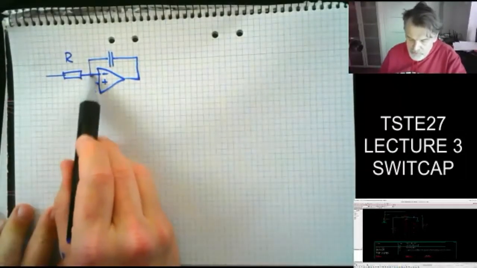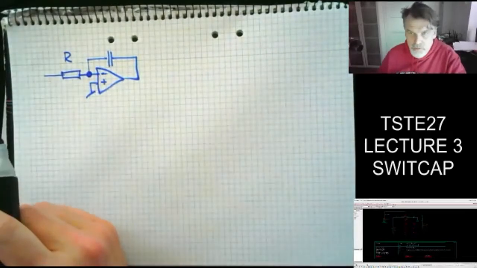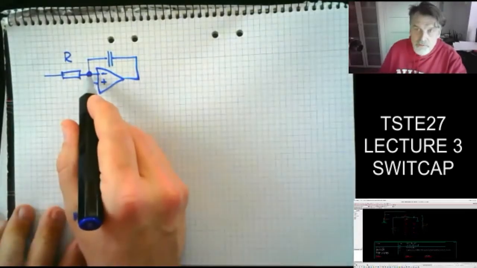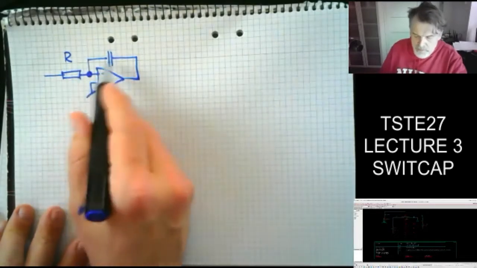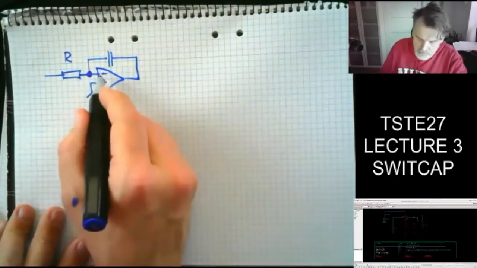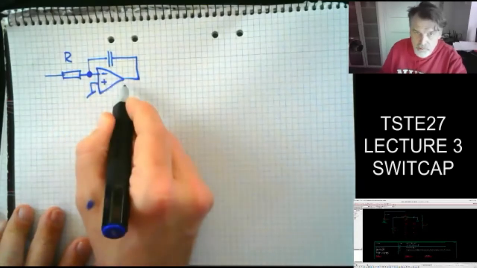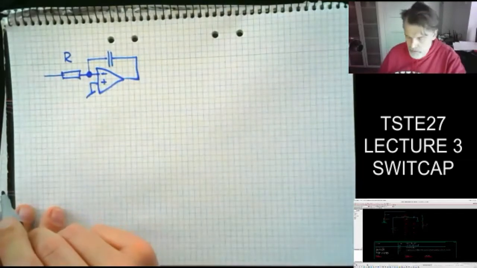Well, that's because we have here the virtual ground of the op amp, which means that voltage is constant 0, and it doesn't load. Well, of course it loads due to perhaps internal components of the op amp. It could load the capacitance, but at least that load is sort of constant.